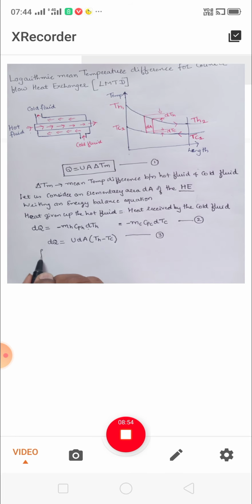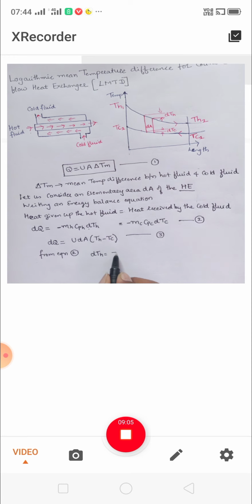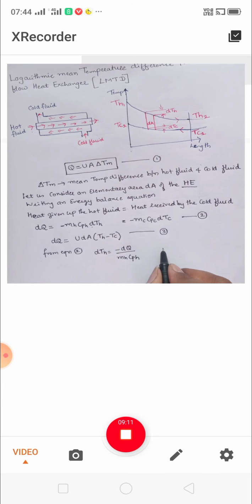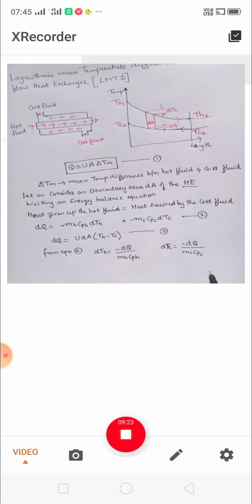So now from equation 2, we'll write dTh is equal to minus dq divided by mh into cph, whereas dTc is given by minus dq divided by mc into cpc.